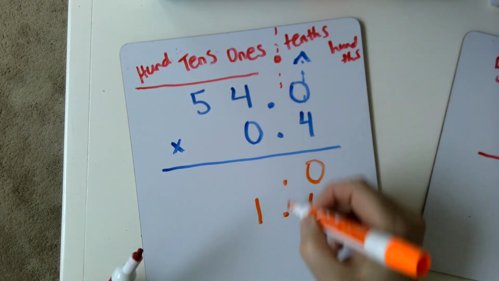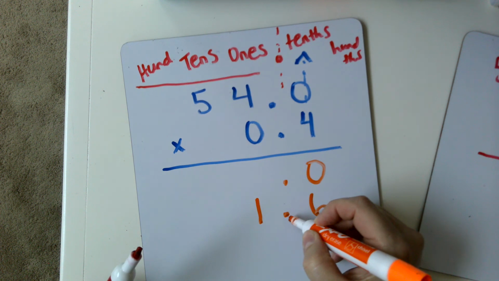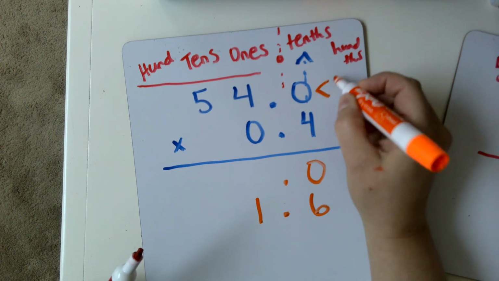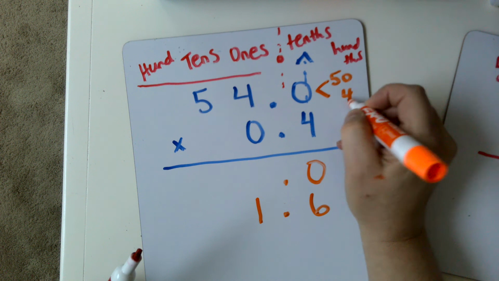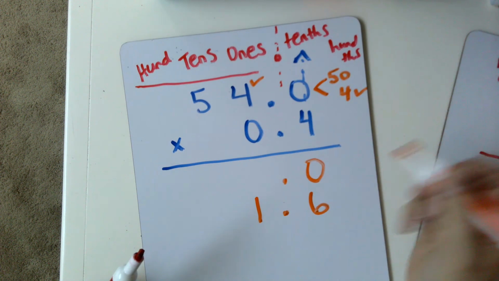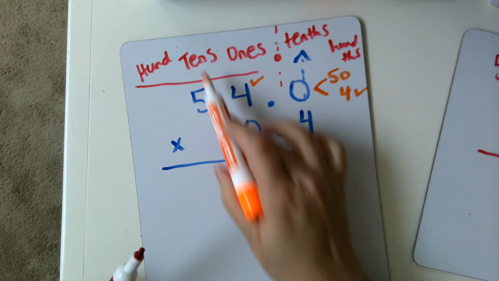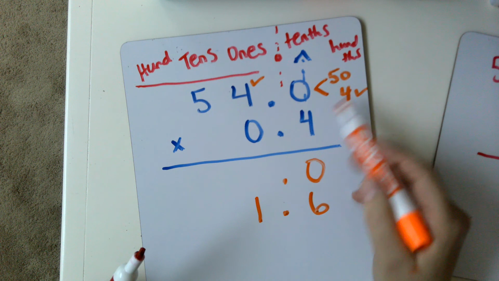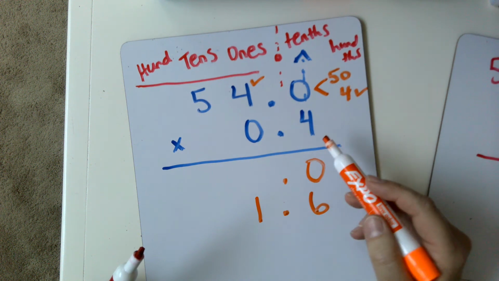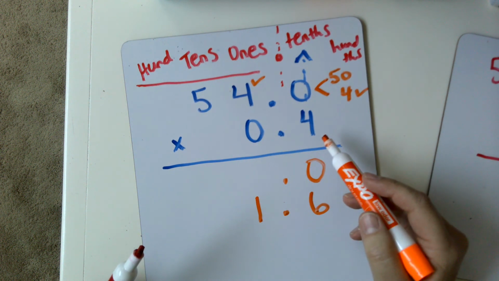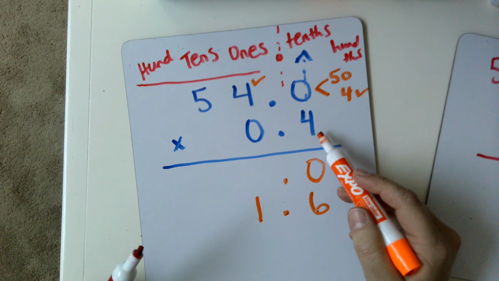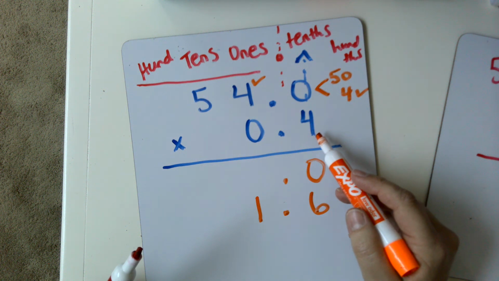Do you see how my decimals are remaining in line? Now remember 54 was 50 and 4. We took care of that 4 right here. So now let's look at our 5 tenths, our 50. So 0.4, half of 50 would be 25. So we know it's going to be near 25, maybe a little less.